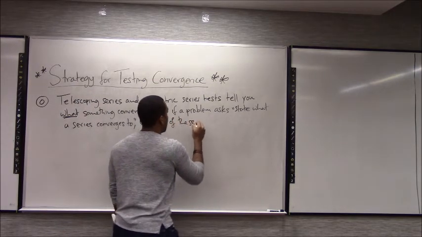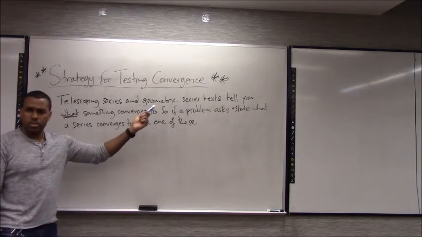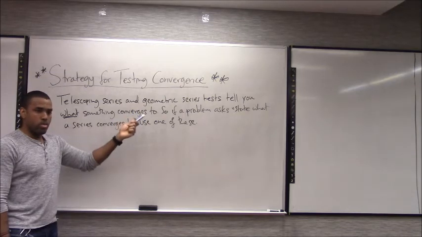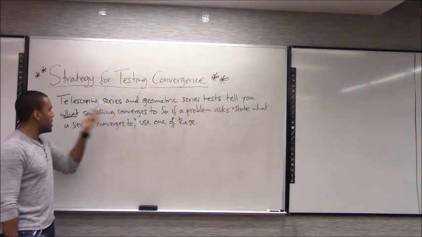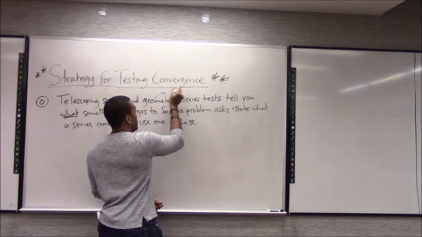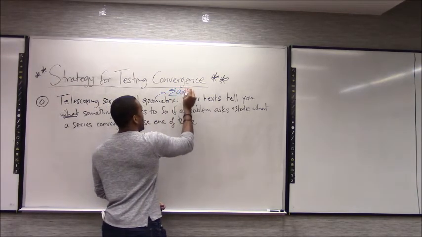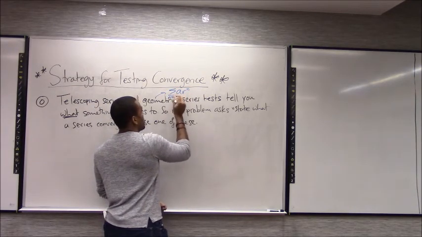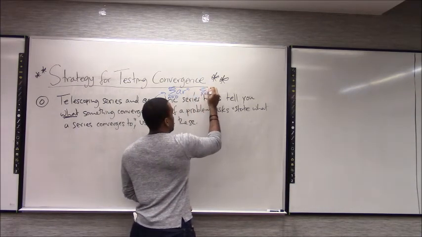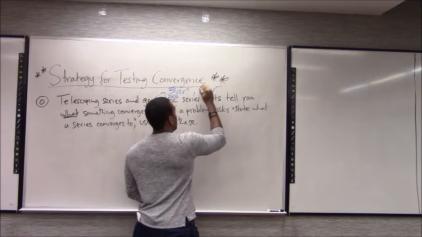Well, the geometric series has a very specific form, right? So you're going to look for that form. Is it geometric? If no, then telescoping is what you should be looking at. So remember, the geometric series is the guys that look like a r to the n, if your n starts from 0. Or if your n starts from 1, it's a r to the n minus 1, right?